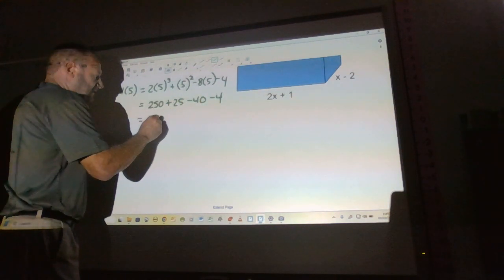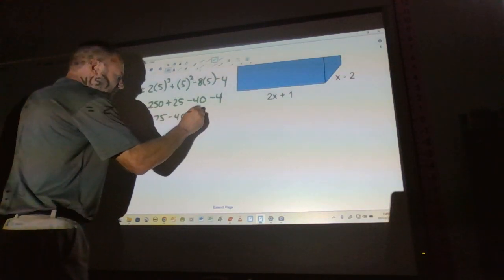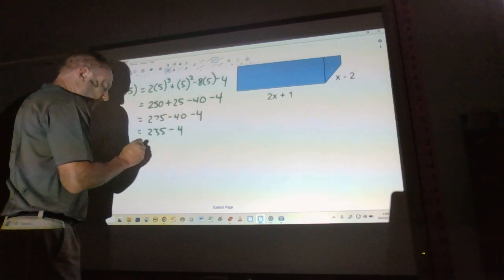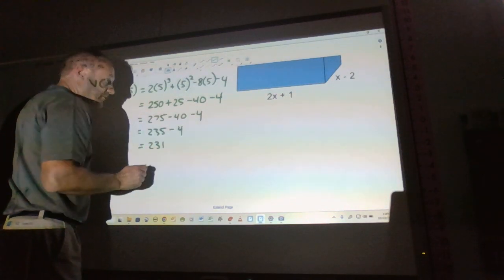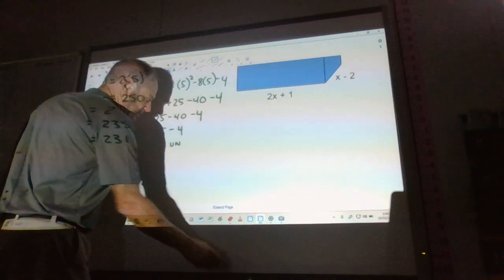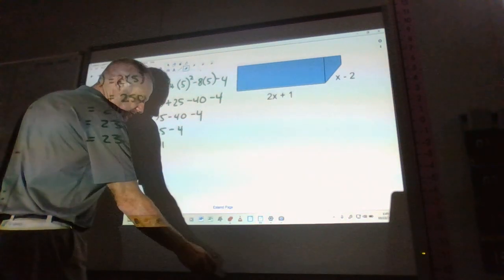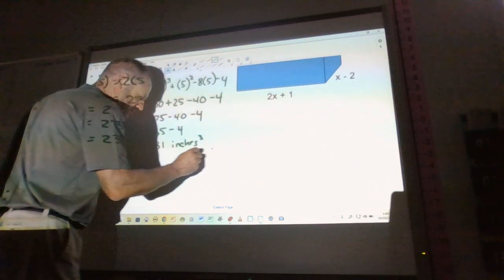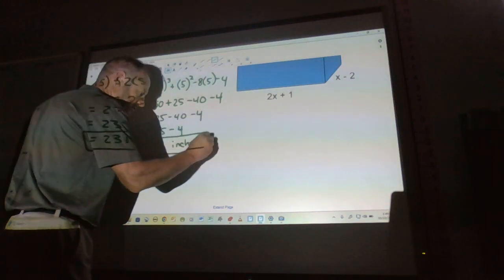So that's 275 minus 40 is 235. Minus 4 is going to be 231 cubic units. Or actually cubic inches, because it was measured in inches. Make sure you get your units right.